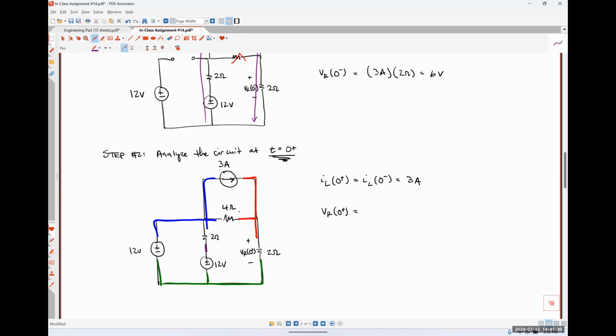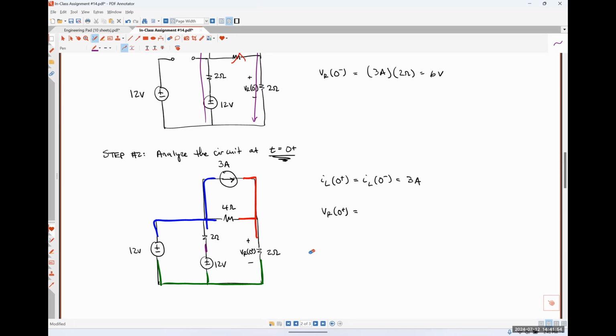Because the 4 ohm resistor is between the blue node and the red node, and the 2 ohm resistor over here is between the red node and the green node, they're not in parallel, so we can't use current division either.